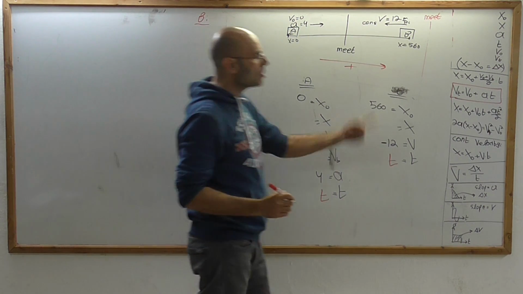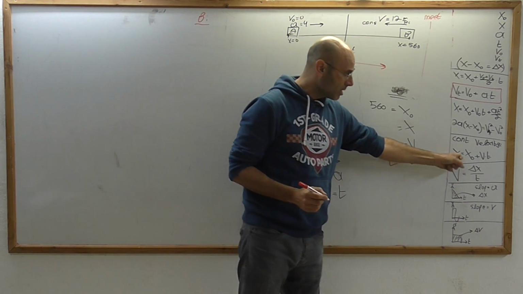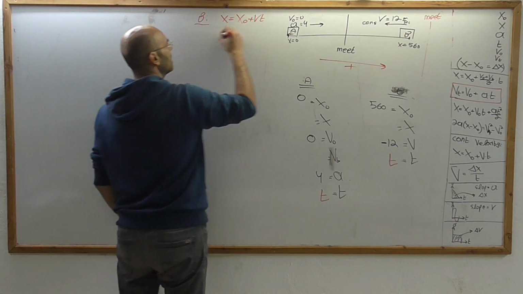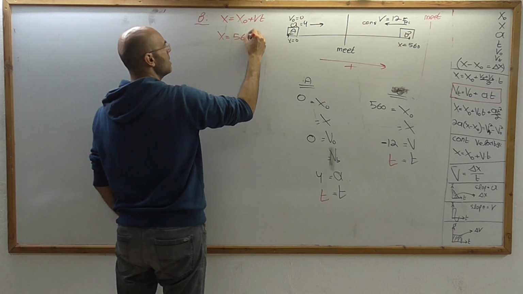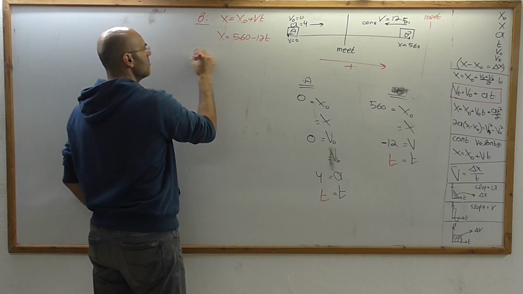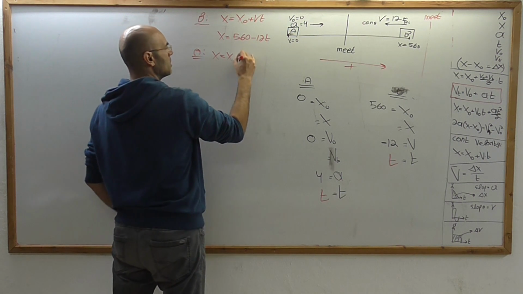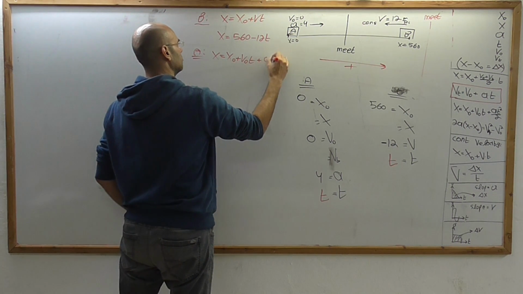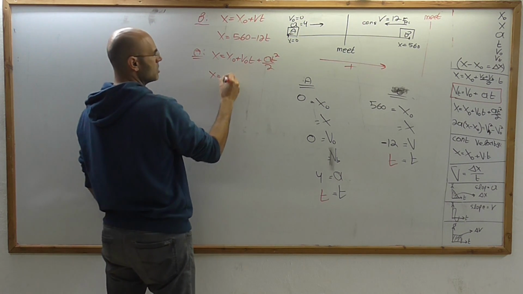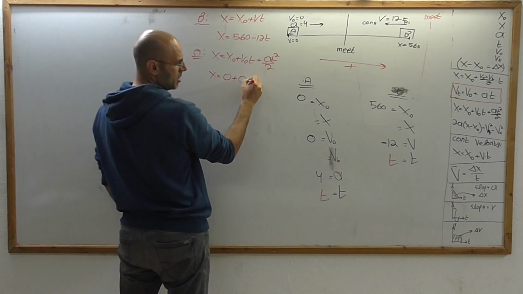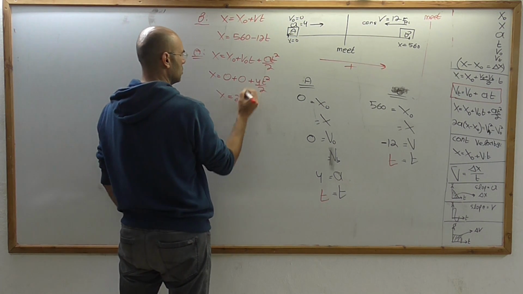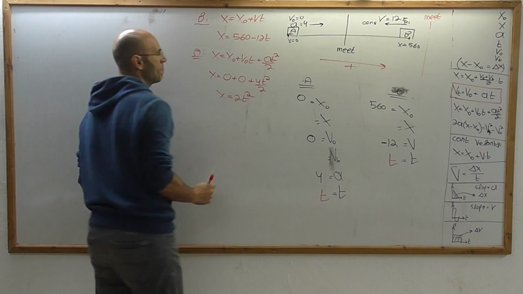The equation for B is only 1 because it's constant speed. I use this equation, so I get x equals 560 minus 12t. For A, I'll use this one, so I get x equals 0 plus 4t squared over 2, which is 2t squared.